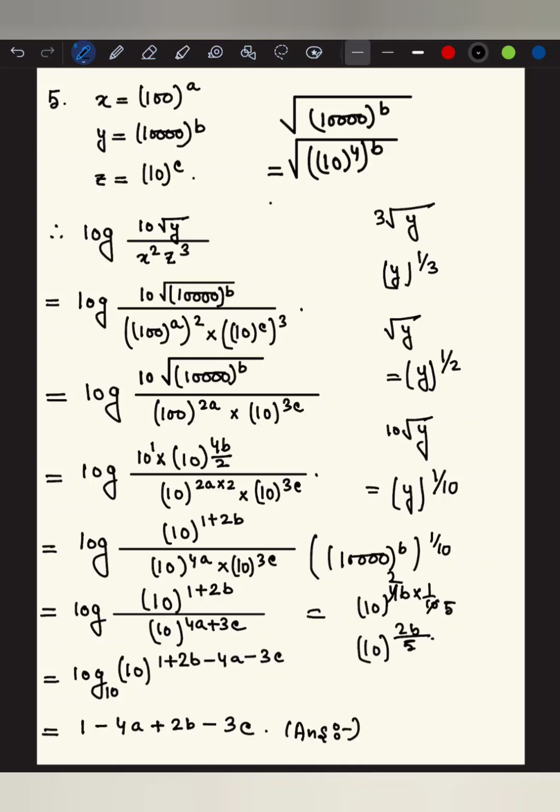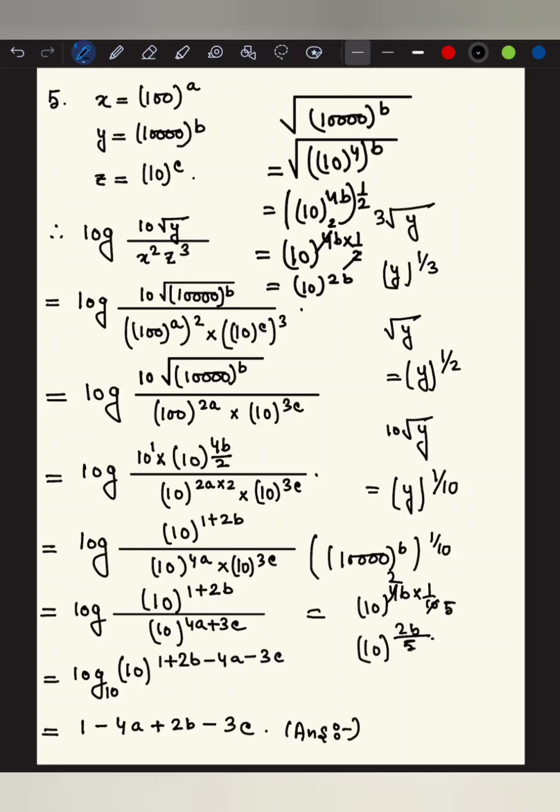So this can be written as 10 to the power 4 whole to the power b, that means 10 to the power 4b, and this square root can be written as whole to the power half. So this can be written as 10 to the power 4b into half, which is equal to 10 to the power 4b by 2. Just a second, this 2 and 4 get cancelled, this comes out to be 2 and this is 1. So this can be written as 10 to the power 2b.